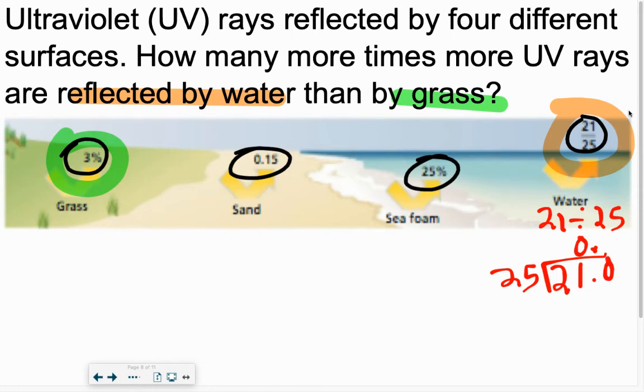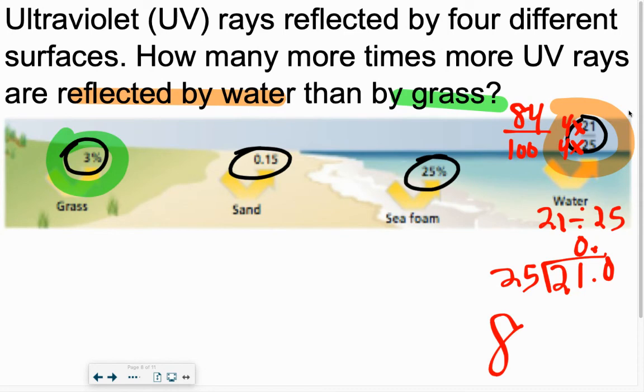Or just grab a calculator to get that decimal. Another thing you can do is, can you take 25 times something to make 100? Well, yeah. If we take 25 times 4, take the top times 4, that gives us 84 over 100, which as a decimal is 0.84, which as a percent is 84%.